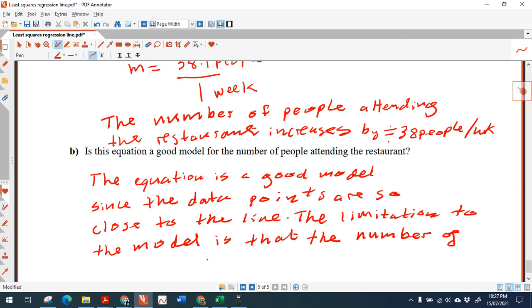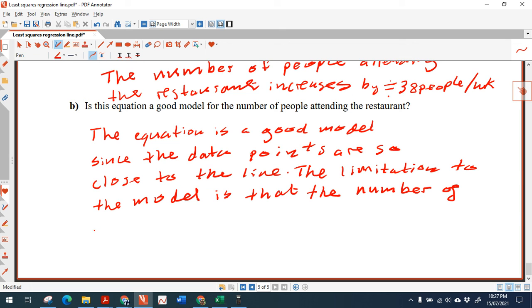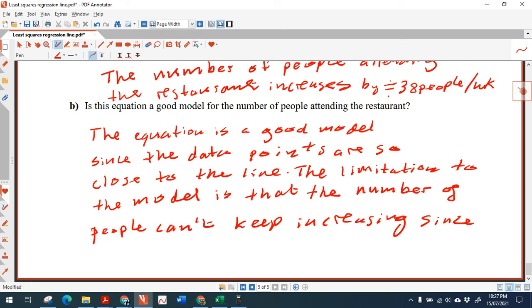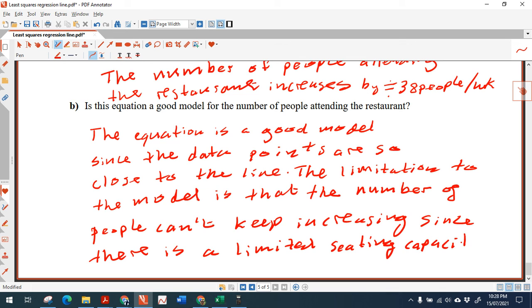So the number of people can't keep increasing since there is a limited number of seats, since there is a limited seating capacity.